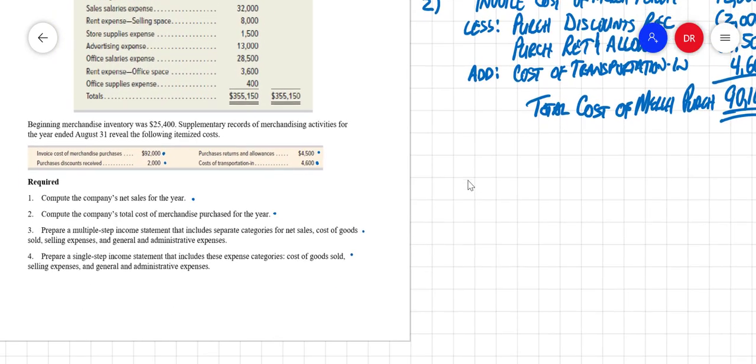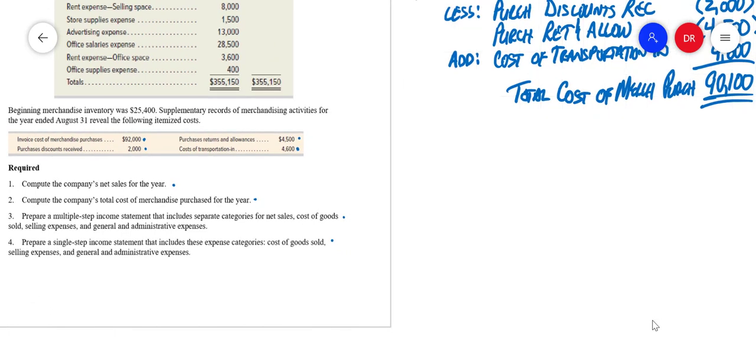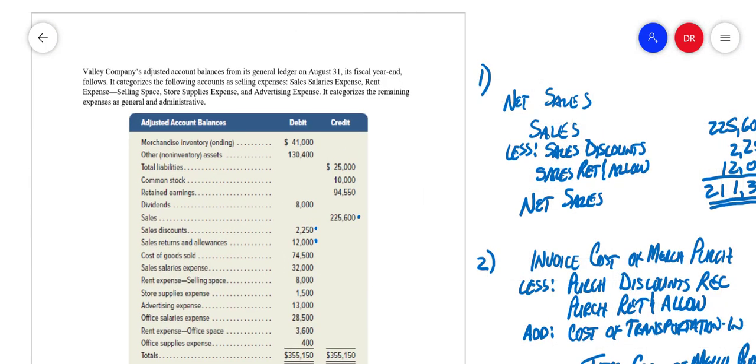That's number 2. So then we come to number 3, and they want us to prepare a multiple step income statement that includes separate categories for net sales, cost of goods sold, selling expense, and general and admin expense. So if we go back up here to the problem, they tell us which items are counted as selling expense.